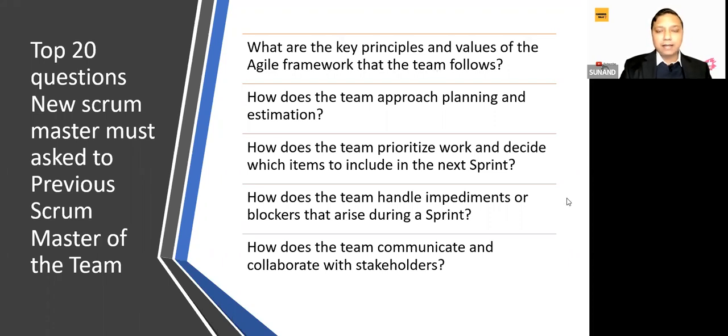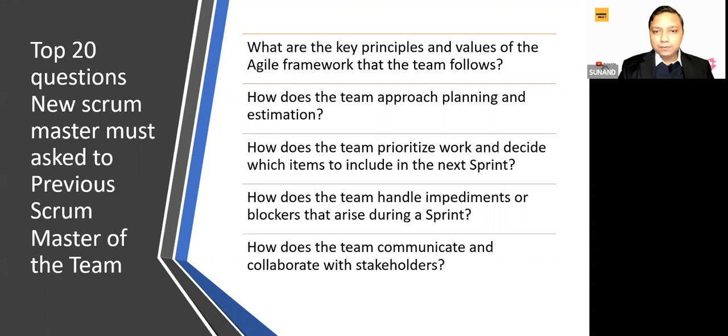How does the team handle impediments or blockers that arise during a sprint? So you will know the team dynamics, how the Scrum Master, PO, and the team are bonding when some kind of issues are coming during the sprint. How does the team communicate and collaborate with stakeholders? So whether our team is communicating directly with the stakeholders, with the client, or the PO is there in between. So you will get a lot of information by asking this kind of questions, right?